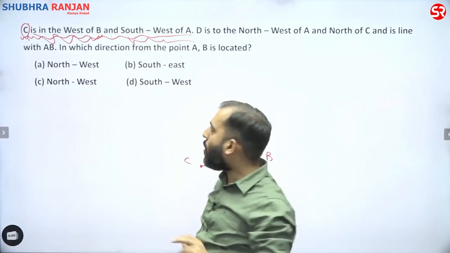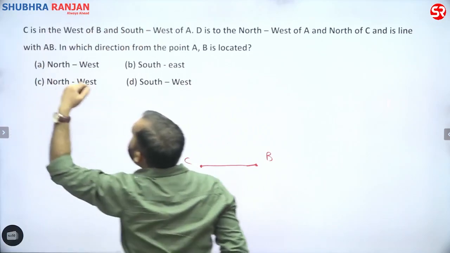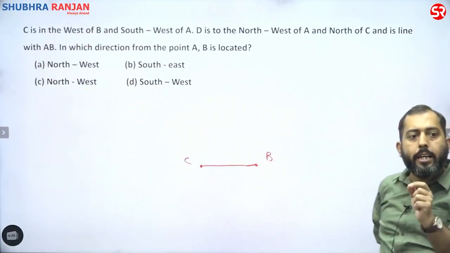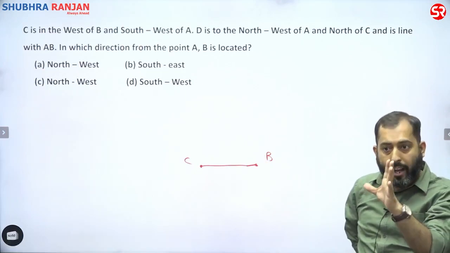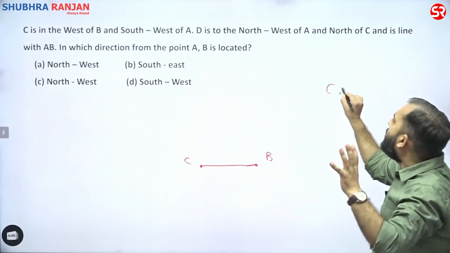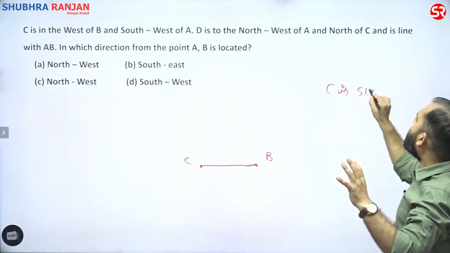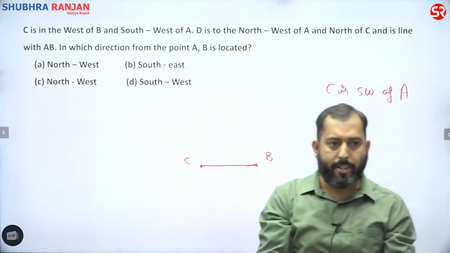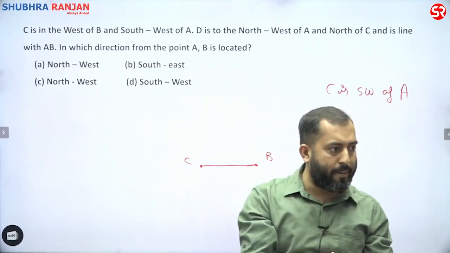Okay. Now, so C is in the west of B and southwest of A. C is in the southwest of A. Okay. Please note, C is in the southwest of A. So I can make a reciprocal statement of this.